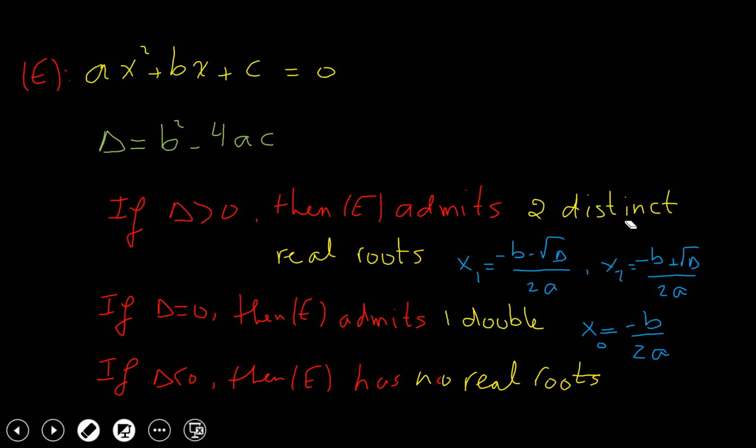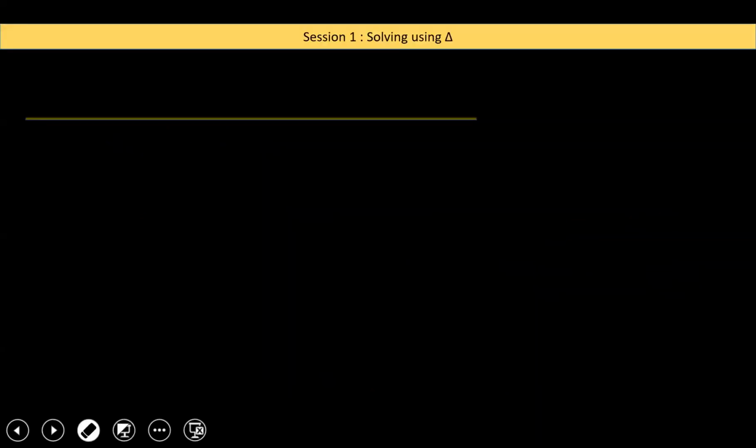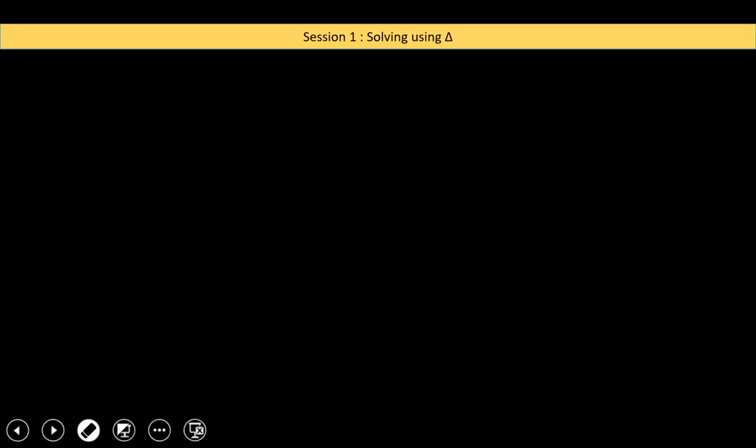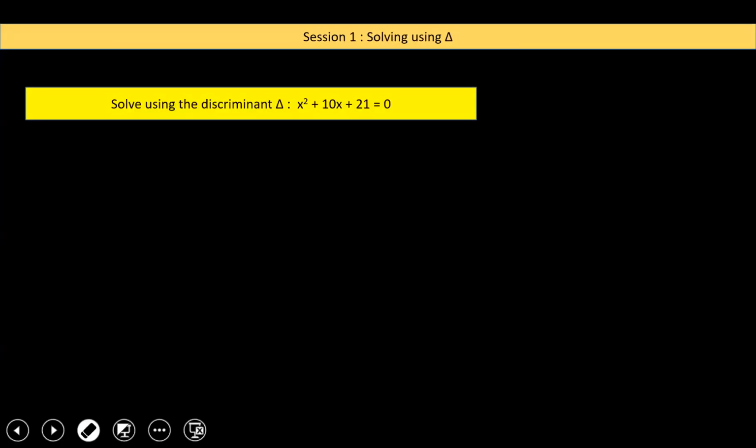Now let's apply on this. First, here we have to find the roots of this one: x squared plus 10x plus 21 equal to 0, using delta. So first of all, we say delta is b squared minus 4ac.